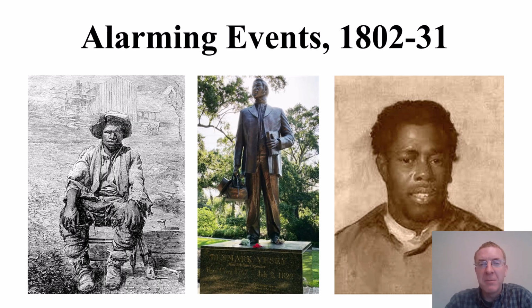Eventually, some of these slaves pass on this information to people that Gabriel Prosser doesn't want them to. As a result, this planned rebellion is found out. And Prosser, of course, is executed for this, as are 25 other slaves, mostly in the Richmond area. So that's a failed rebellion.